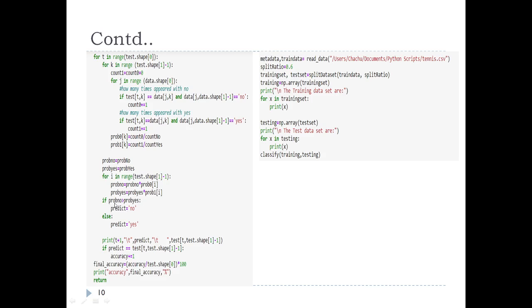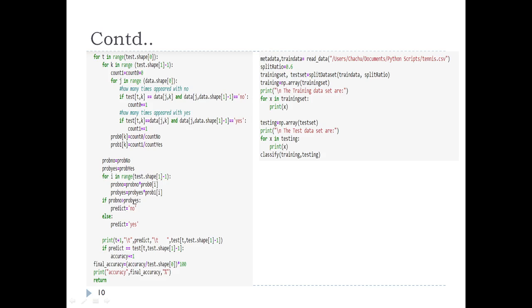So here, the probability value for class no is greater than the probability of belonging to class yes. That means that particular instance belongs to class no, so no will be taken as the predicted value.